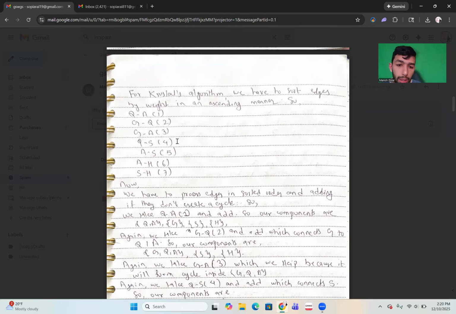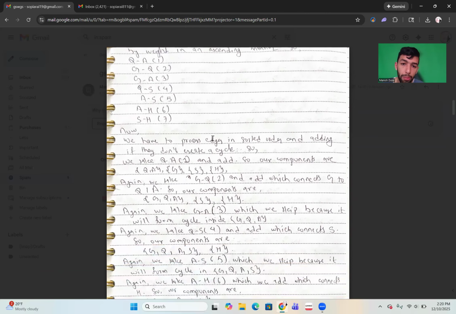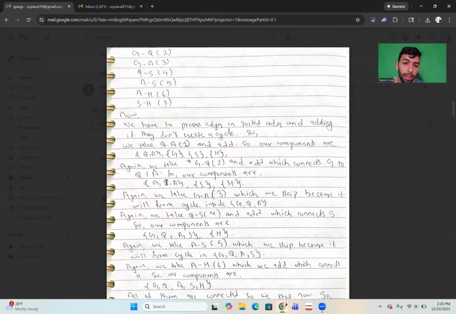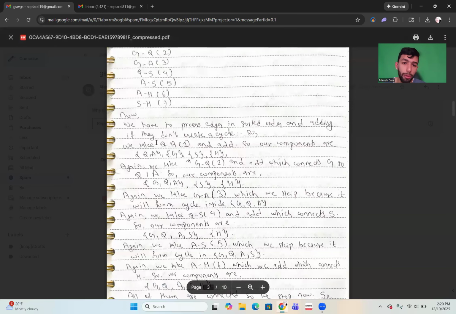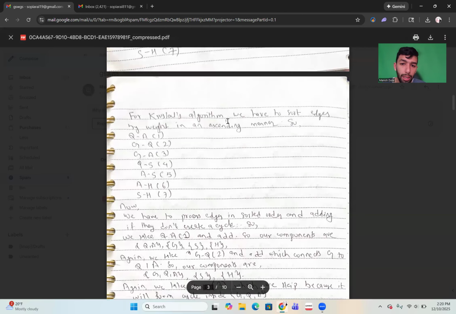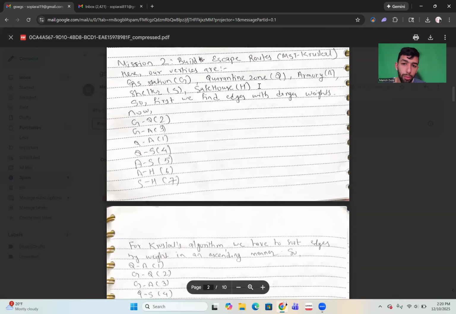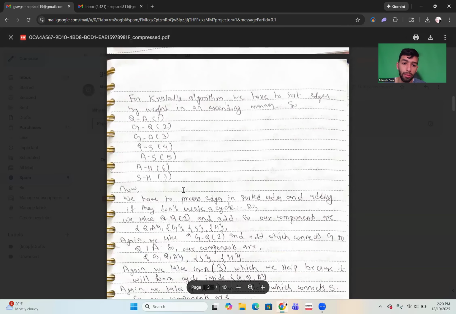We have to process edges in sorted order, adding them if they don't create a cycle. So for each of these in the ascending data that we have, which would be quarantine zone, armor shelter, and all of that, this is the short version of that.